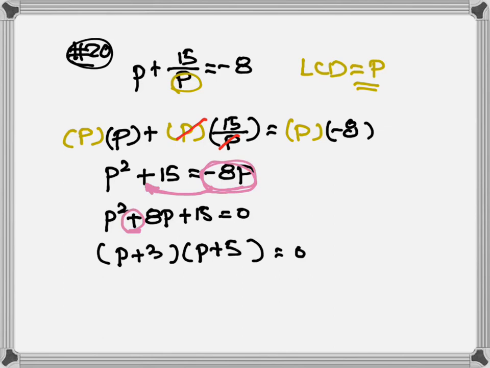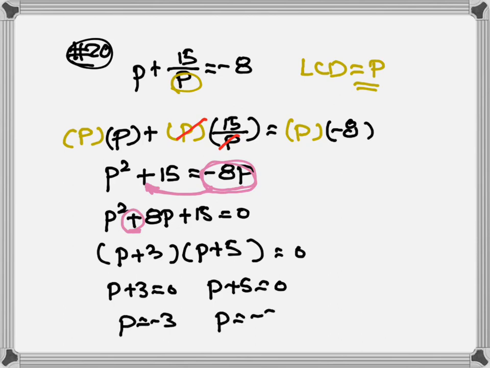Again, this part right here is from section 5.2, so you must understand 5.2. Then after that, let's set the number in each parenthesis equal to 0. Then you're going to solve for p. So over here, p is equal to negative 3. p is equal to negative 5. That's your answer.